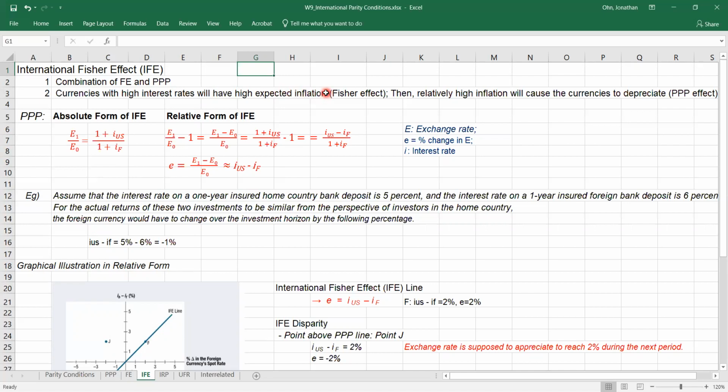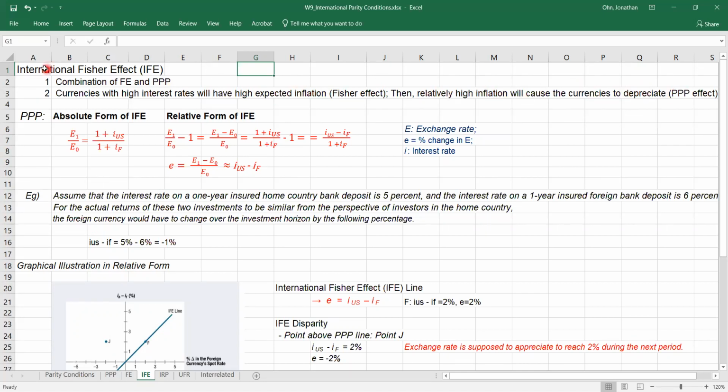The Fisher effect is that the real interest rates should be equal, or the relative interest rate should equal the relative expected inflation. So a high interest rate leads to higher expected inflation, then higher inflation causes the currency to depreciate. This is purchasing power parity, right?